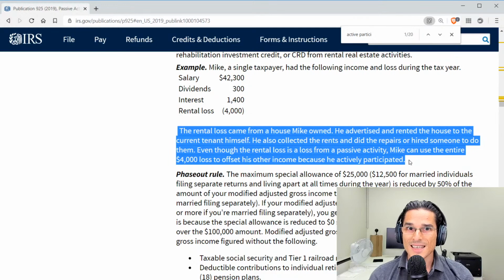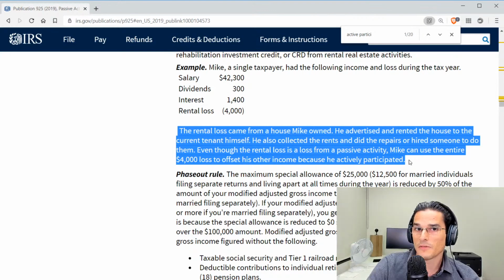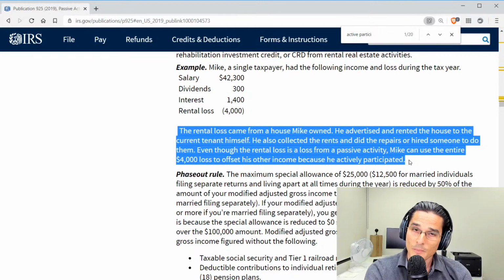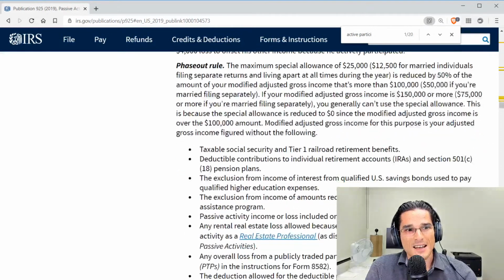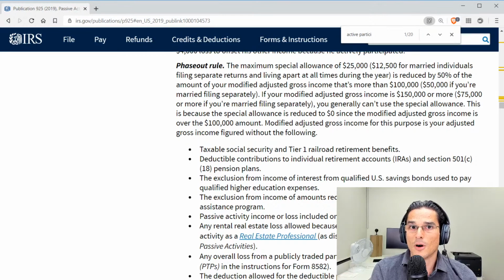So there is an allowance, a little mom and pop allowance I like to refer to it as, that allows up to $25,000 of losses from passive activities to be offset against your non-passive income with regard to a rental property situation. Now, there is a limitation based on your modified adjusted gross income, or MAGI.